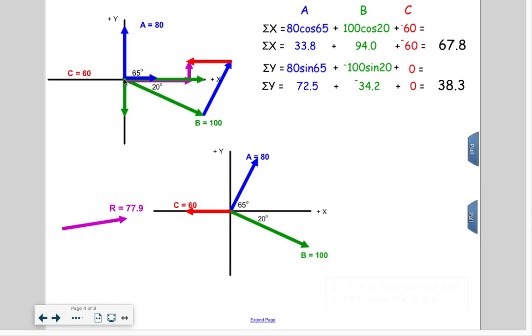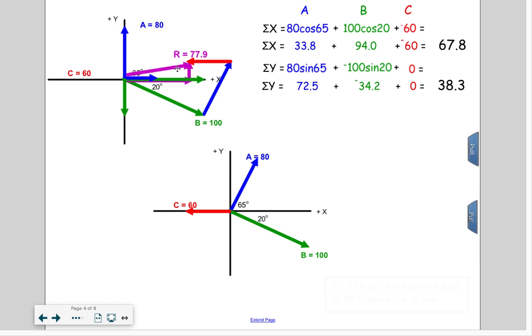So ultimately, my resultant vectors, these purple lines here represent the 67.8 and the 38.3. So 67.8 here, 38.3, and then my resultant vector, oh my goodness, look what just happened, is going to go from start to finish. So green to blue to red, and then the resultant from start to finish.